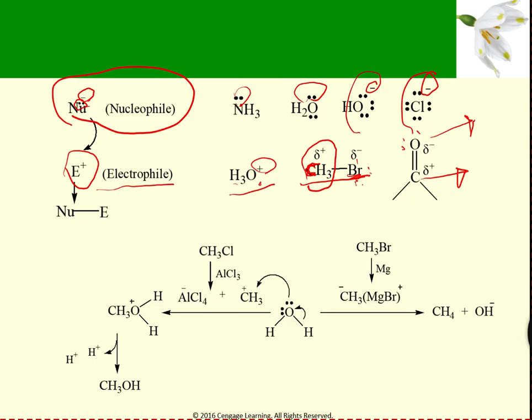On the other hand, the electrophile should have a positive charge or be short of electrons. Therefore, most nucleophiles will behave as electron donors, and electrophiles will be electron acceptors.